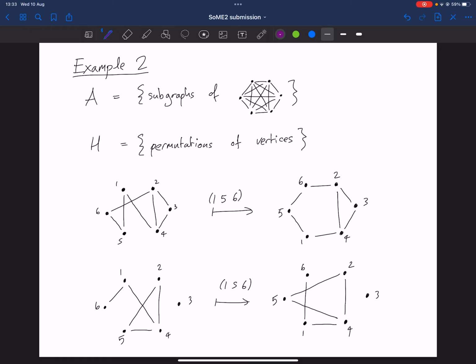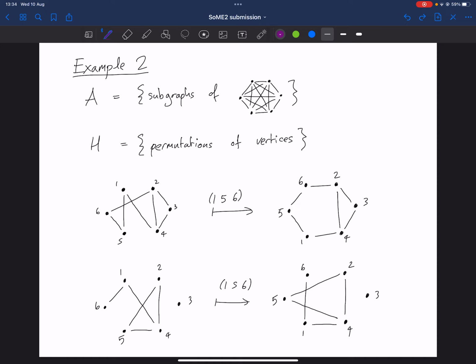We are sending vertex 1 to vertex 5, sending vertex 5 to vertex 6, sending vertex 6 to vertex 1, leaving vertices 2, 3 and 4 where they are. That's what this notation means. I realise that's not at all clear if you haven't seen it before.